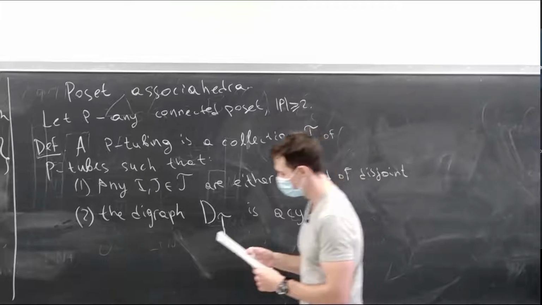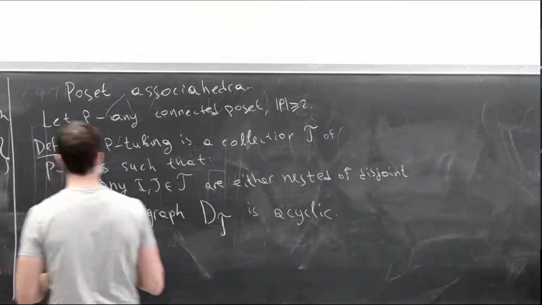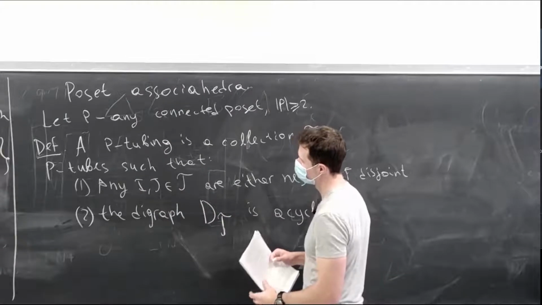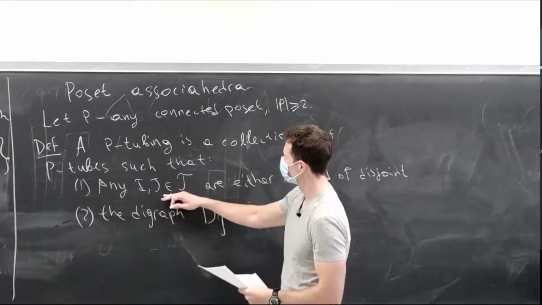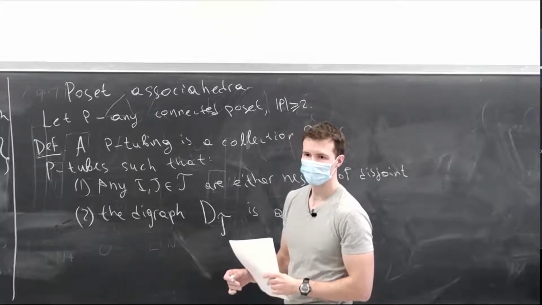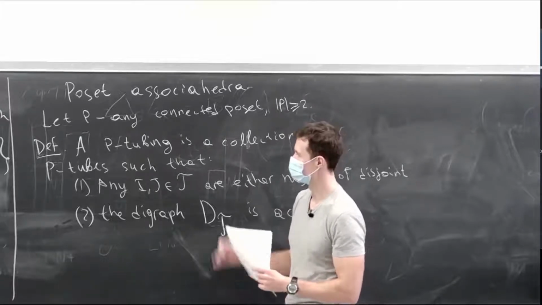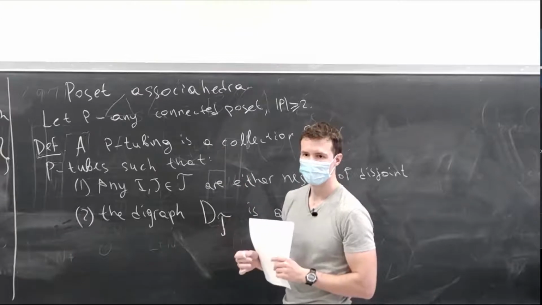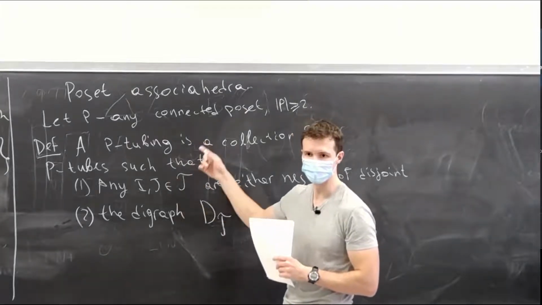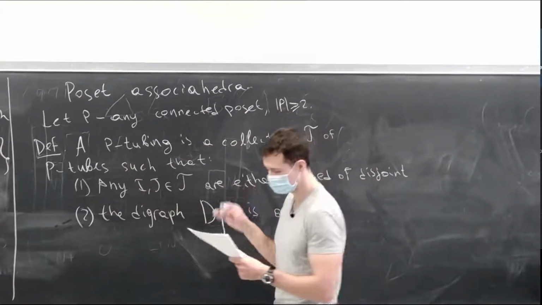And I guess I should say, first of all, if you take any single element, that's a tube. Also, the whole poset is a tube. And you can add those to any tubing or remove them from a tubing, and you still get a tubing. So let me make another definition.